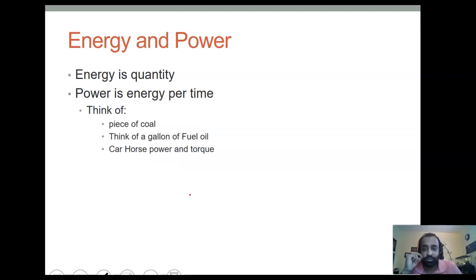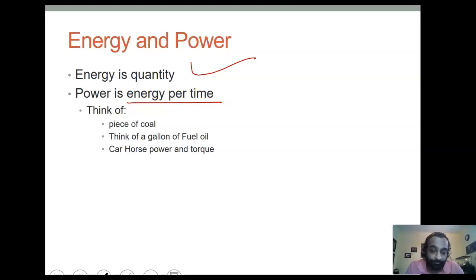Okay, so energy and power. I wish I was in class so I could ask you what you understand about energy and power, but to go straight to it, energy is a quantity of something that we can use to do work. It could be chemical energy, potential energy, thermal energy. It's a quantity. How we use this quantity is power. So, energy over time.